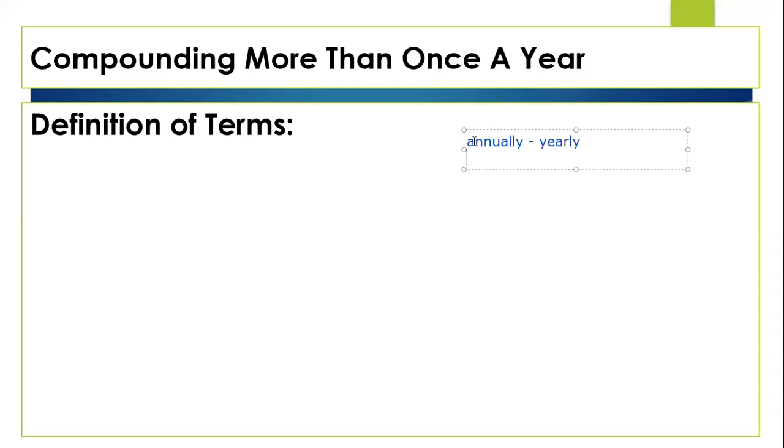So meron tayong ma-encounter pwedeng semi-annually. Semi-annually, meaning hahatiin natin yung isang taon sa dalawa. Semi kasi means 2. So pag semi-annually, dalawang beses sa isang taon.